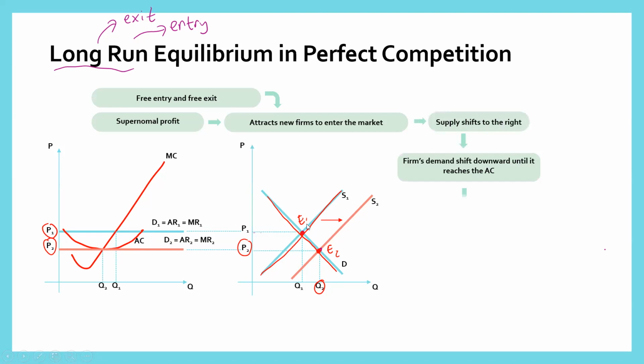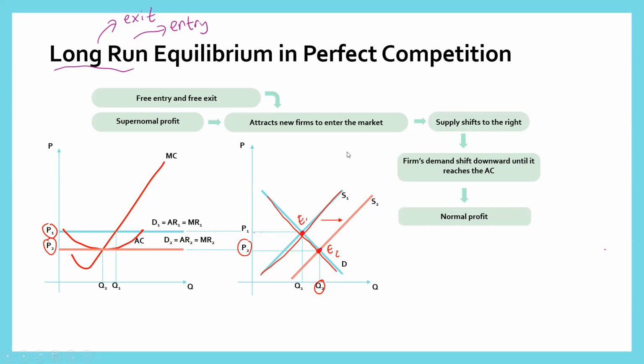It will result in the firm's demand shifting downward, because it is a price taker, and before long the firms will experience a normal profit.